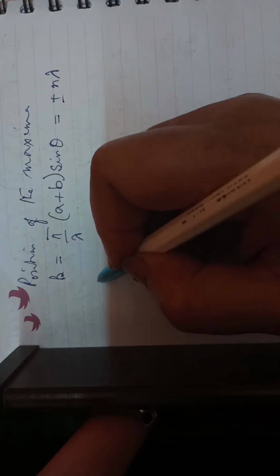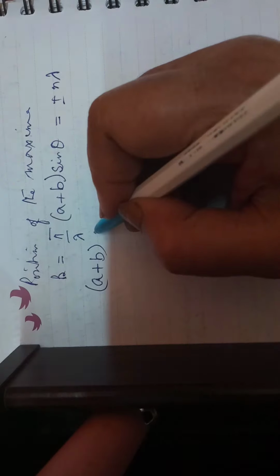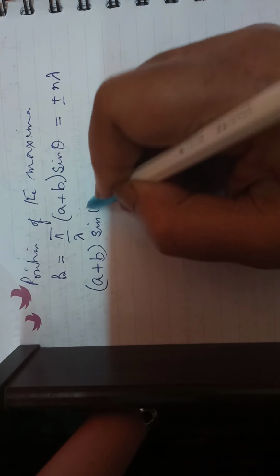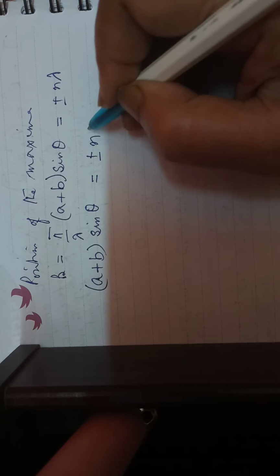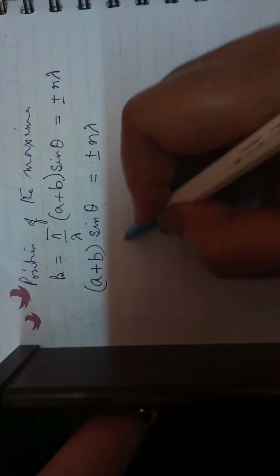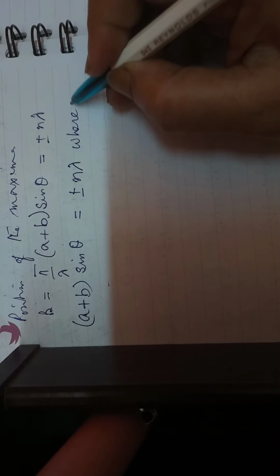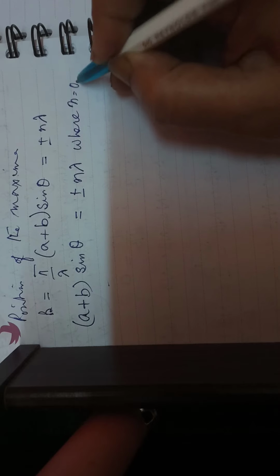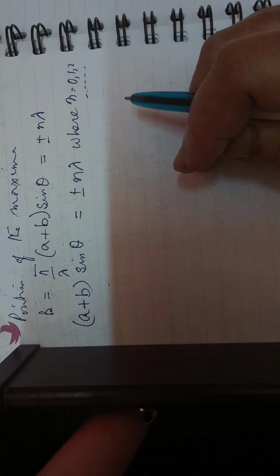So the corresponding equation for the grating becomes (a plus b) sine of theta equal to plus minus n lambda, where n is equal to 0, 1, 2, and so on.